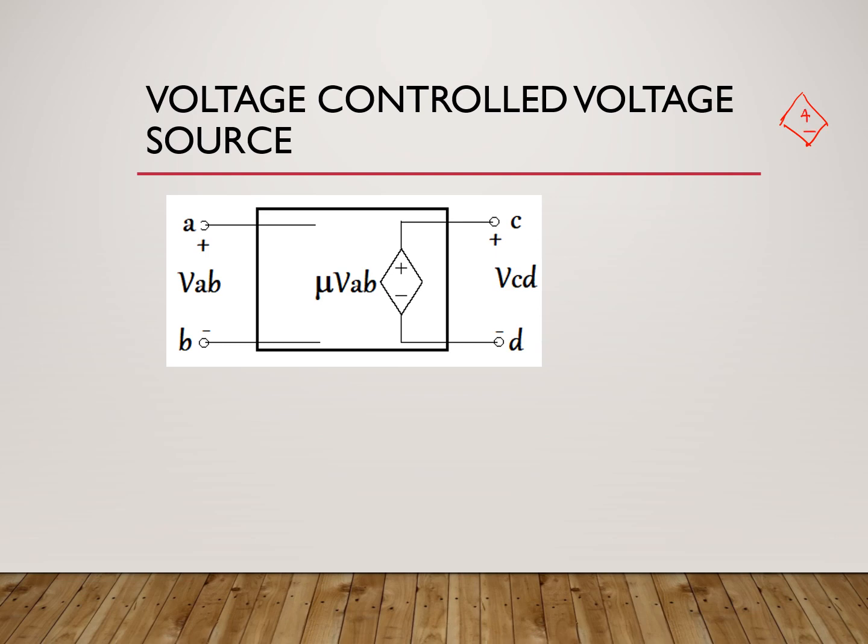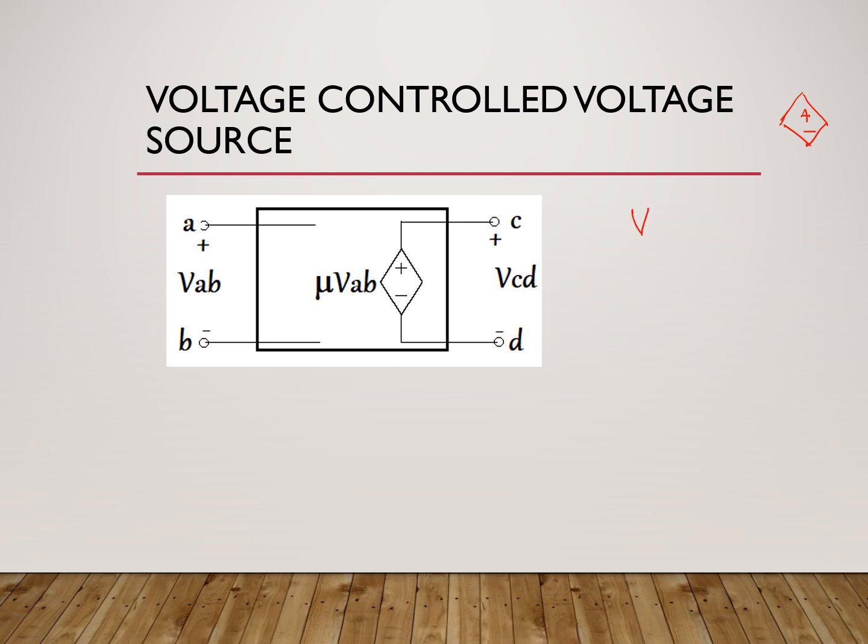This is the black box which represents the circuit, and the output voltage is a dependent source. The output voltage is dependent upon some voltage somewhere in the circuit.